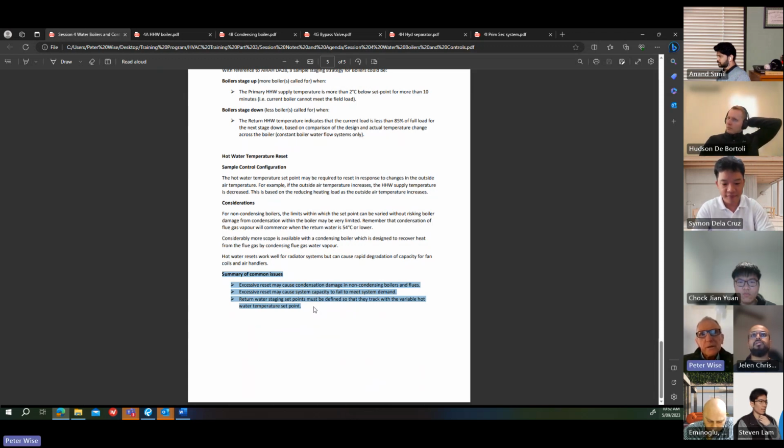What it's saying is, if you're going to reset the supply temperature, then you need to be resetting the return temperature as well to try and make sure that you're not causing condensation issues. Just need to think about the detrimental things that can occur if you're going to reset the supply temperature.